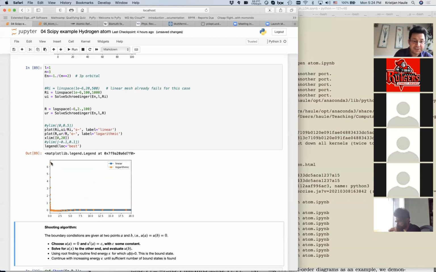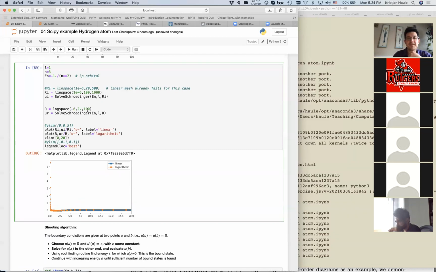Namely, it still overshoots a little bit here. The reason for this, as I explained before, is that if we want to improve this, we need to go to an even bigger X when we set the value to 0. But the easier solution is just to slightly tune the bound state energy, and with slightly tuning the bound state energy, we can remove this peak.